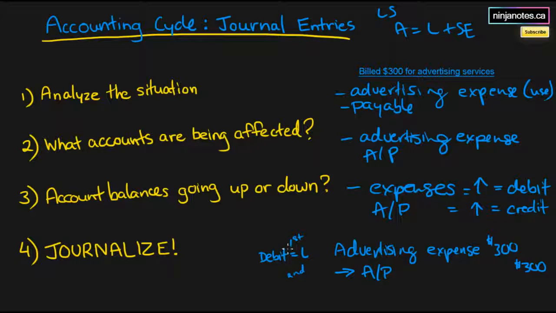So debits are naturally left aligned, and credits are naturally right aligned because credits are on the right side. So that is why we indent all of our credits, and that is our journal entry for that transaction.